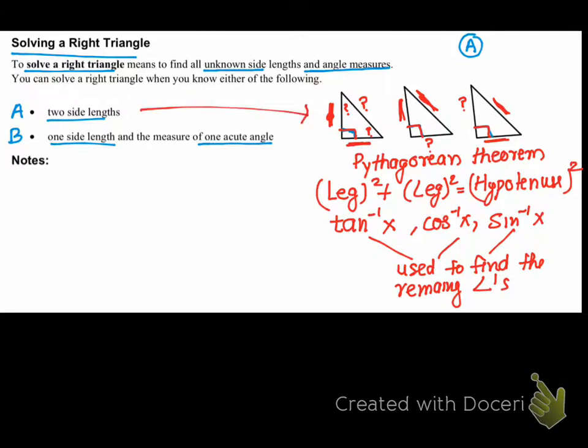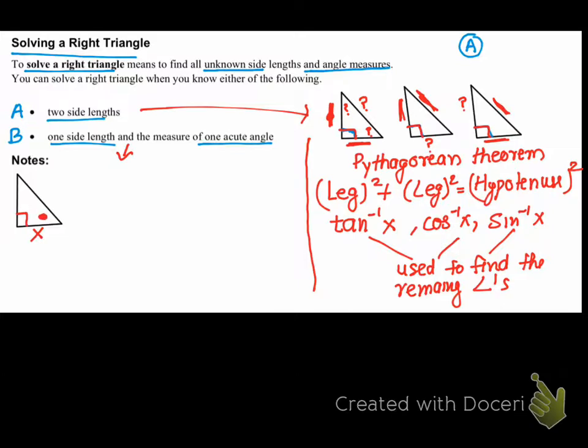I explained that. For case B, if one side is given and then one acute angle is given, the picture would be different. So if this is the triangle, just showing you one case, if they have given you this side, this is 90, and they gave you this angle, any angle could be given.